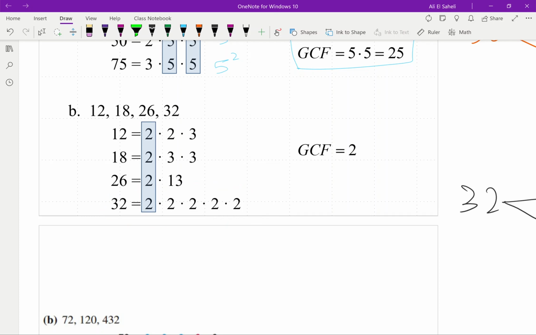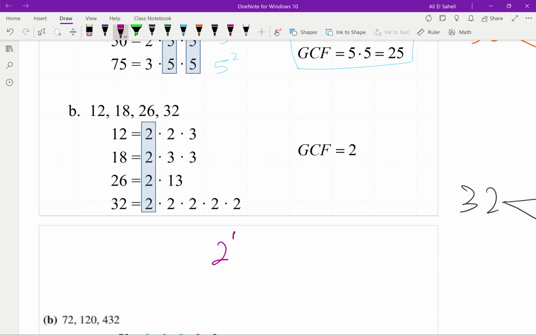The 2 in the first one appears 2 to the power 2, in the second one 2 to the power 1, in the third one 2 to the power 1, and the last one it's 2 to the power 5. The smallest one is 2 to the power 1. So you have 2 to the power 1.